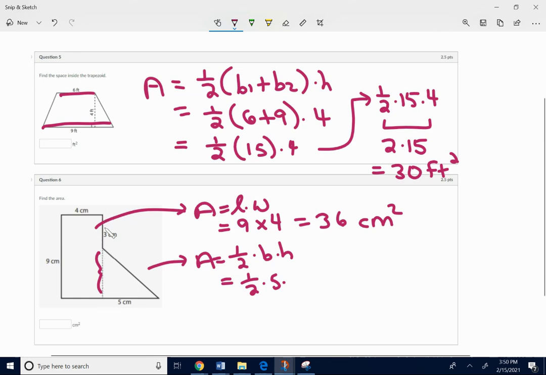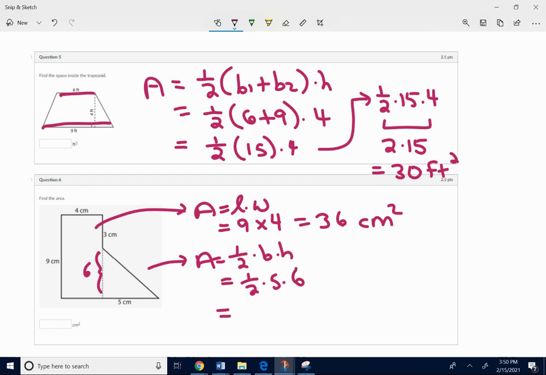So 3 plus some number, whatever that distance is right there, would have to add up to a total of 9. And that would have to be 6. So the area of the triangle would be 1/2 times the base 5 times the height 6.